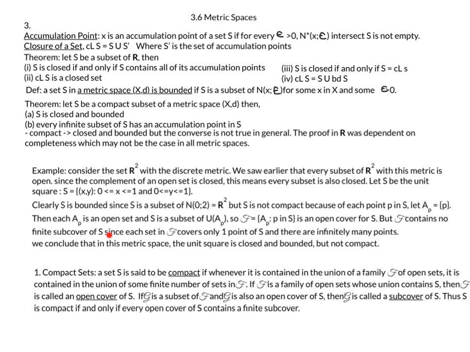However, there's no finite subcover of S since each A_P only contains one element, and the set S in R2 contains an infinite number of elements, which means you need infinitely many A_P to cover the set S. So we conclude in this metric space the unit square is closed and bounded but not compact.